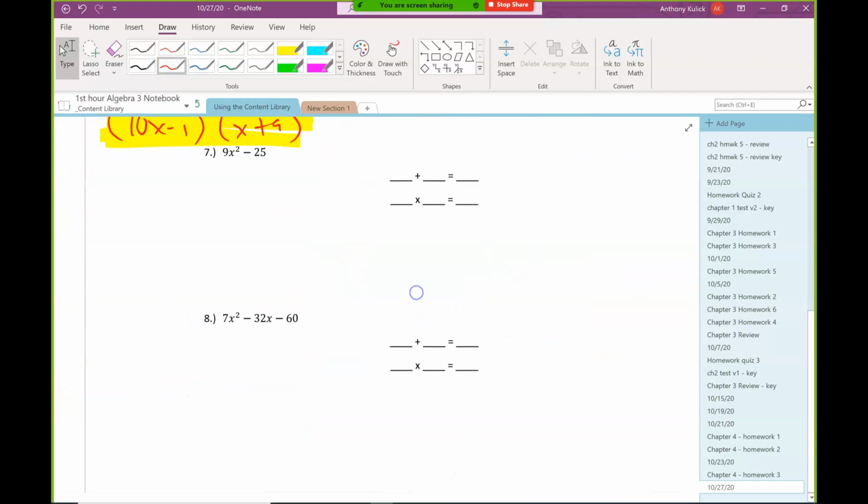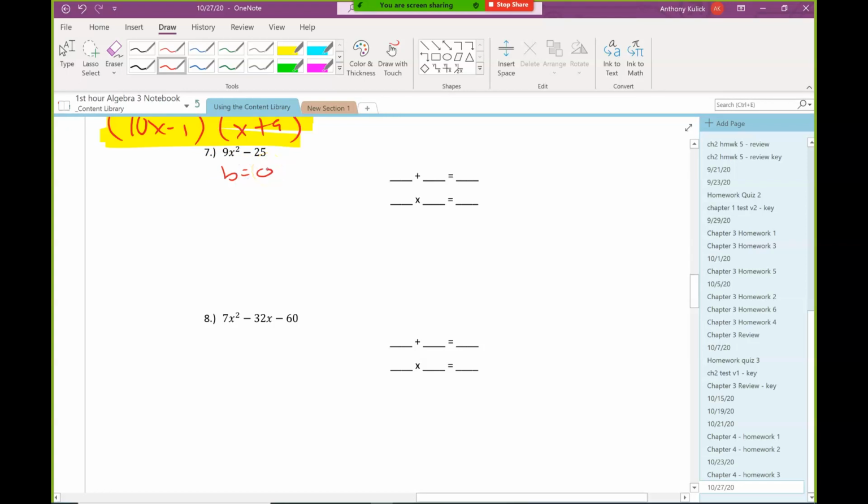So question 7, we notice that the leading coefficient isn't 1, and there's no greatest common factor I can take out. The only divisors of 9 are 3 and 9, and neither 3 nor 9 goes into 25. But notice that the b coefficient is 0, right?